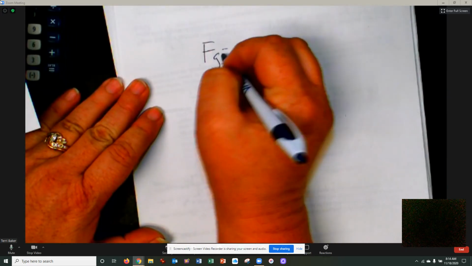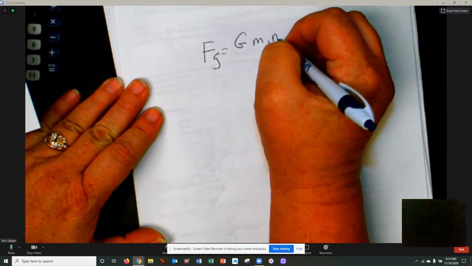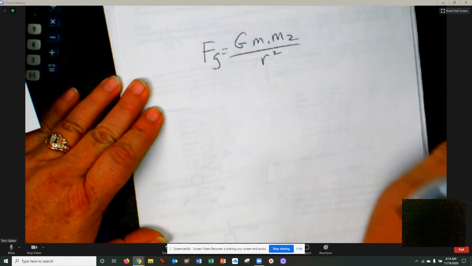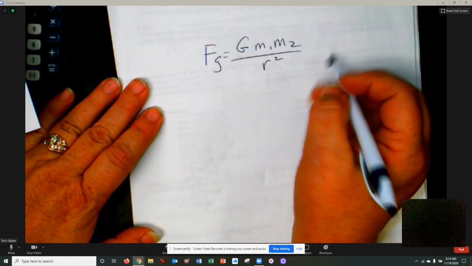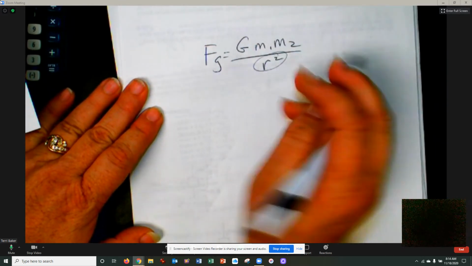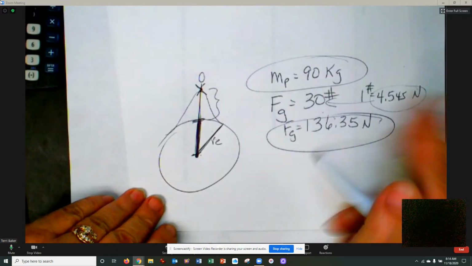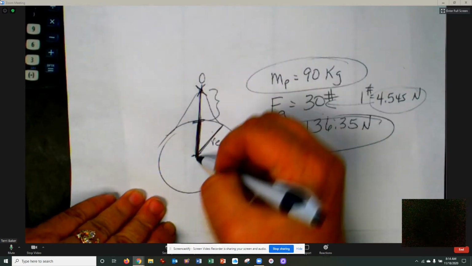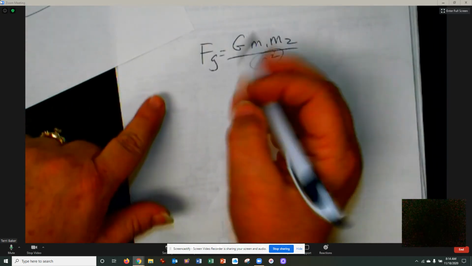So here we go. Here's our formula. Mass 1, mass 2, distance squared. Okay. We need to solve for R. We need to solve for this total distance so that we can then subtract the radius. So I'm going to rearrange this.